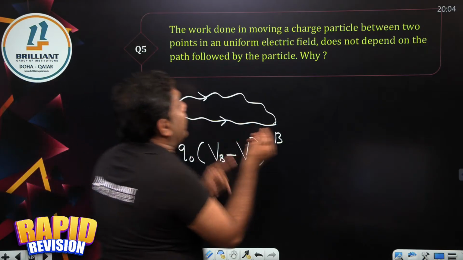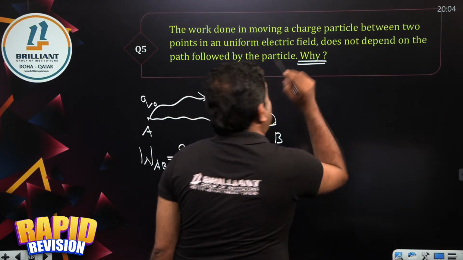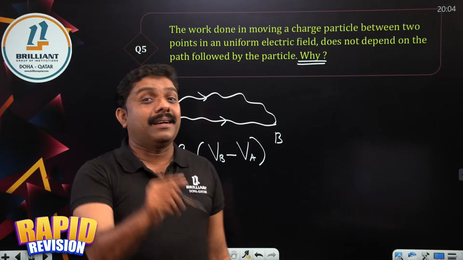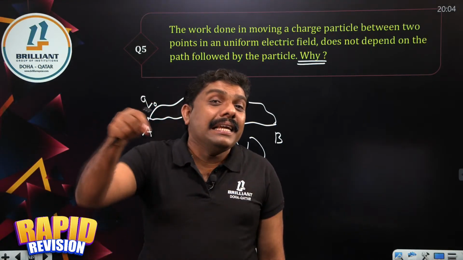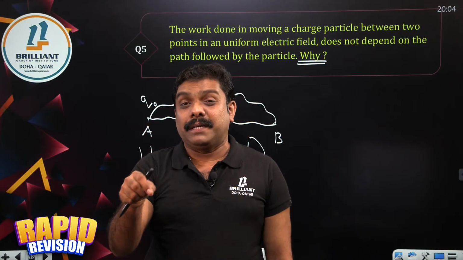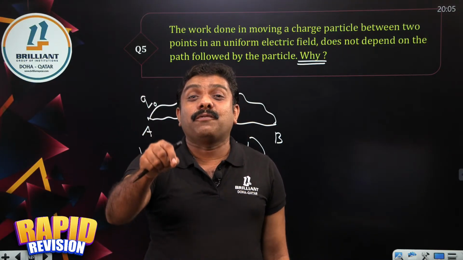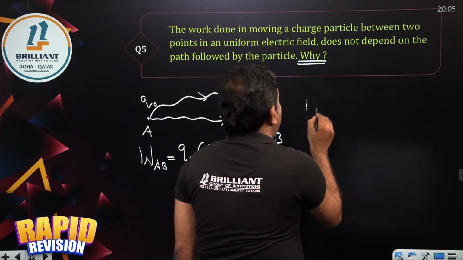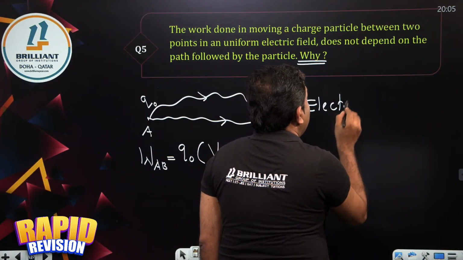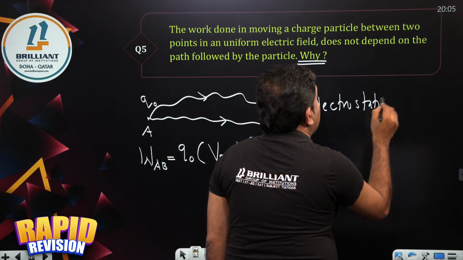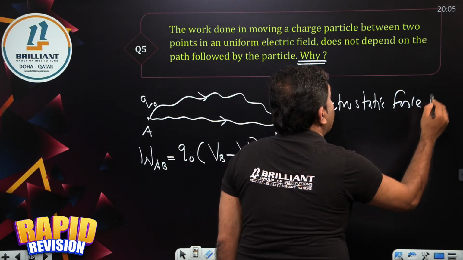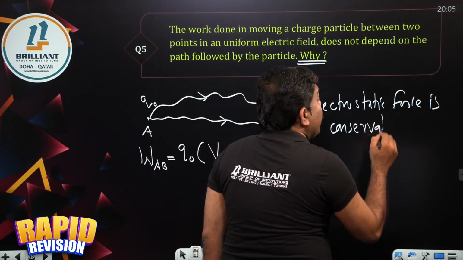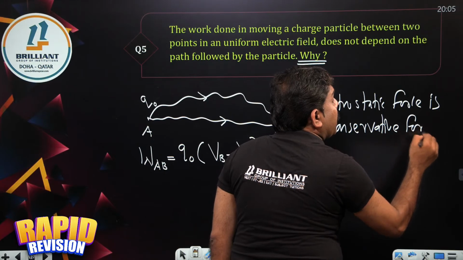So why is it? That's the question here. We studied in our first year class and even in chapter 1 that concept: electrostatic force is a conservative force. We know that idea. We wrote that point. Do you know what is the meaning of conservative force?